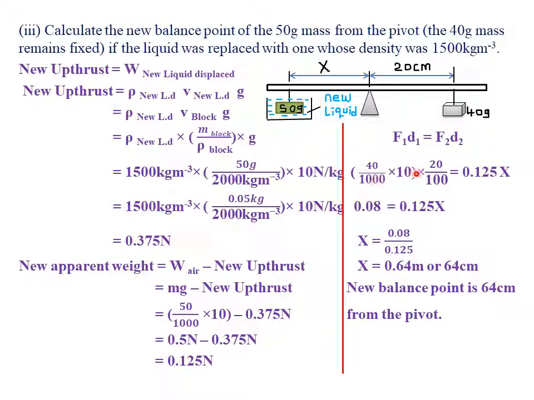So 40 over 1000 times 10 times 20 over 100, you'll obtain 0.08, which equals 0.125 x. So the value of x will be given by 0.08 divided by 0.125, which gives us 0.64 meters, which converted to centimeter gives 64 centimeters. Therefore, the distance x will be 0.64 meters or 64 centimeters.